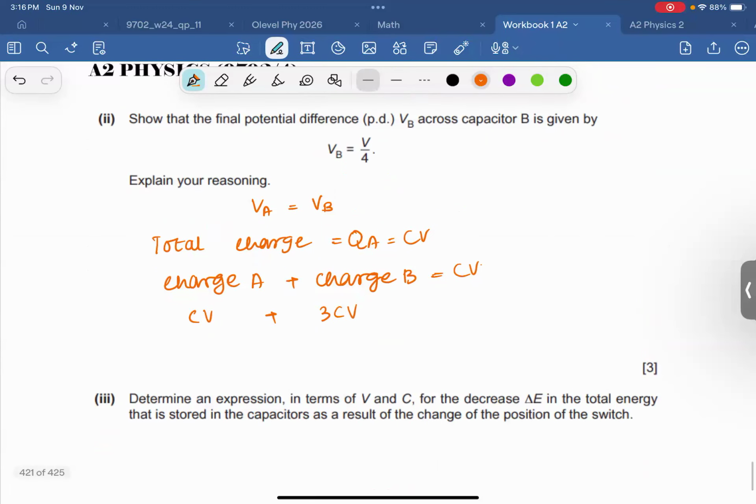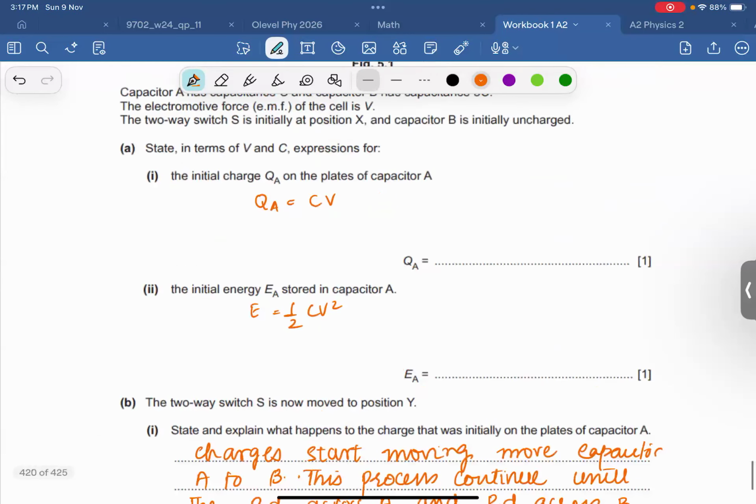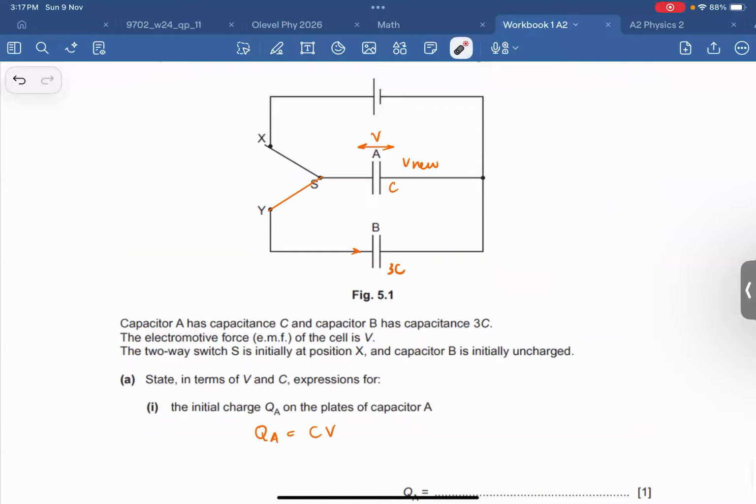But we have to take the voltage VA and VB as well. So I'm taking this as VB, and there should be VB here as well, because we know that the potential difference has to be equal until the charging process stops.